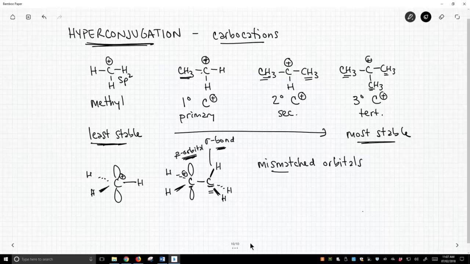And so it's this mismatching of orbitals trying to overlap that is our hyperconjugation phenomenon. So hyperconjugation involves overlapping mismatched orbitals. You don't get a super strong effect, but it is an observable change in the stability of these cations.